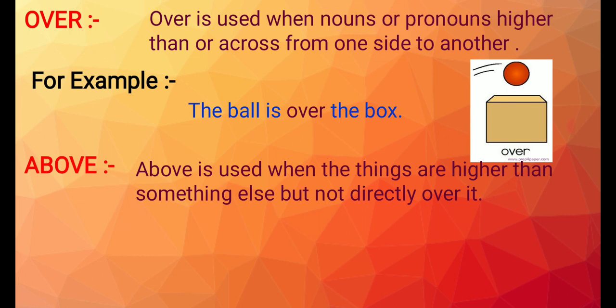When objects have a little bit of distance, at that time we use over, right? And in above they are higher. The distance is longer but not exactly on the surface of the other object. At that time we use above.